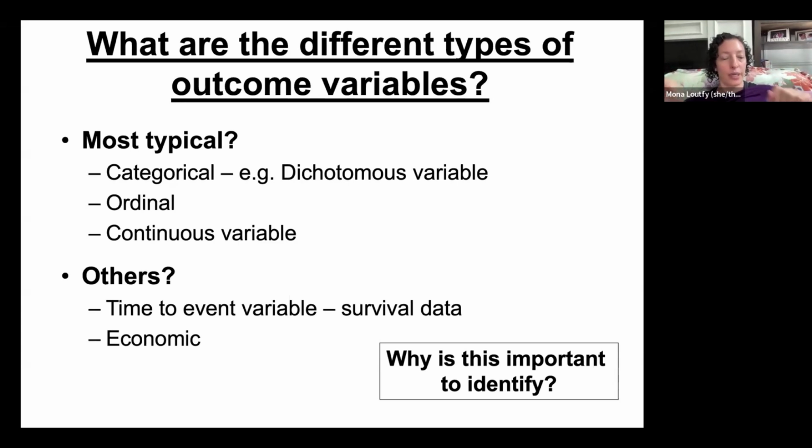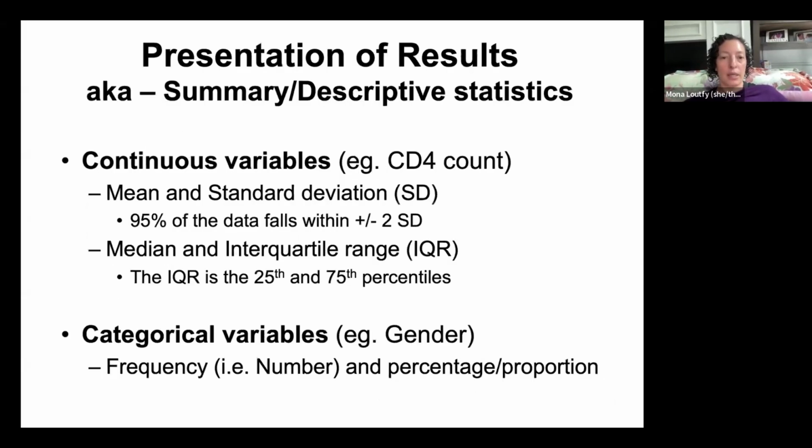So why is it important to determine what type of variable the outcome variables are, but also the independent variables? Okay, all variables. Why is it important? It's important because how we summarize or describe those variables depends on the type of variable they are. Every professor is different. When I took my statistics course, it was called summary statistics.